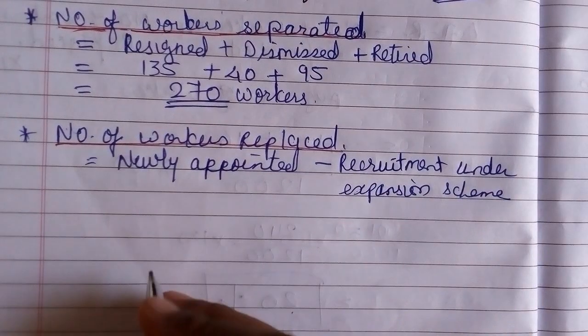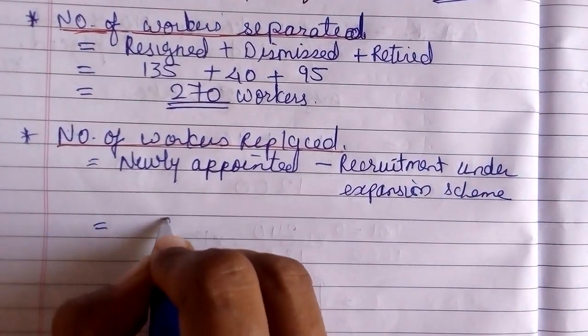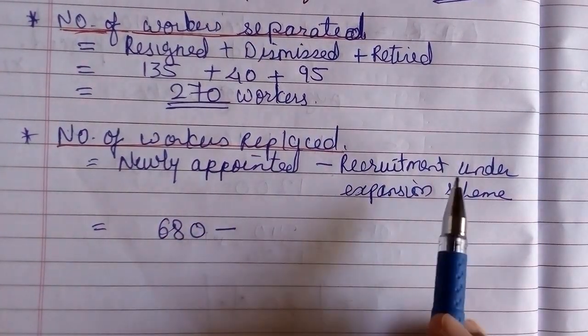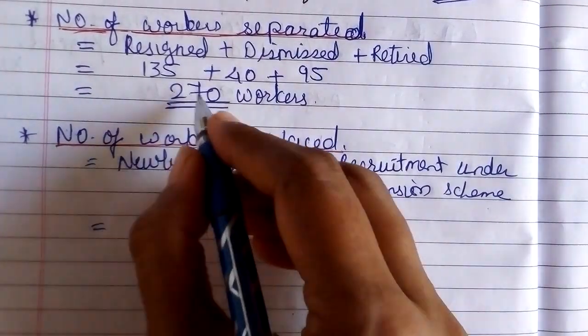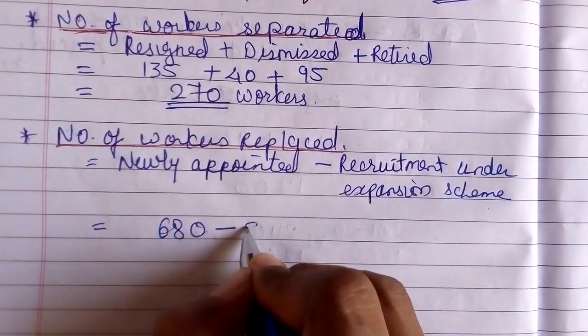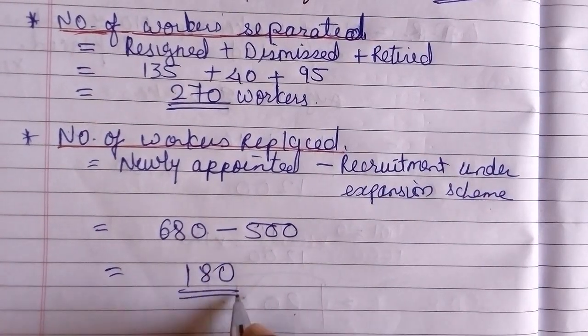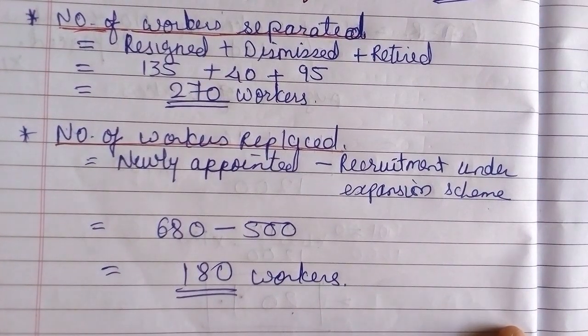Okay, so number of workers newly appointed was 680 and recruited under expansion scheme is 500. So 180 workers were replaced during the time, right?